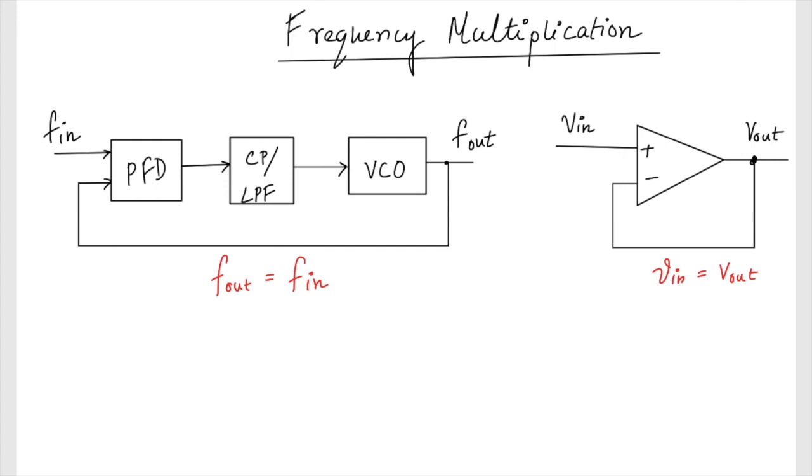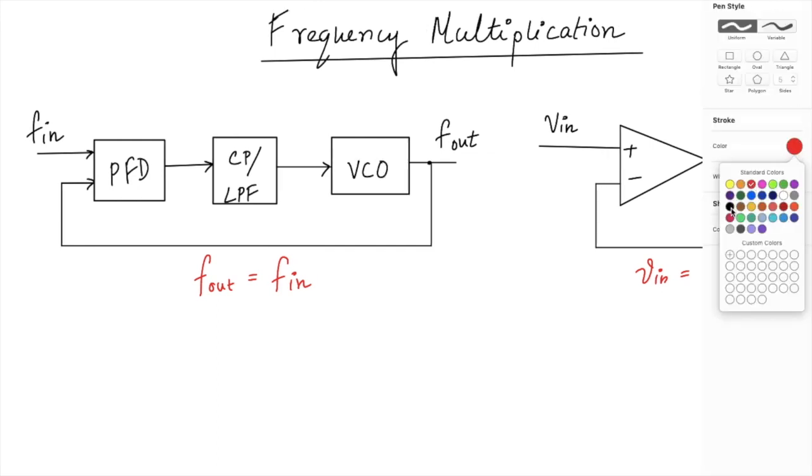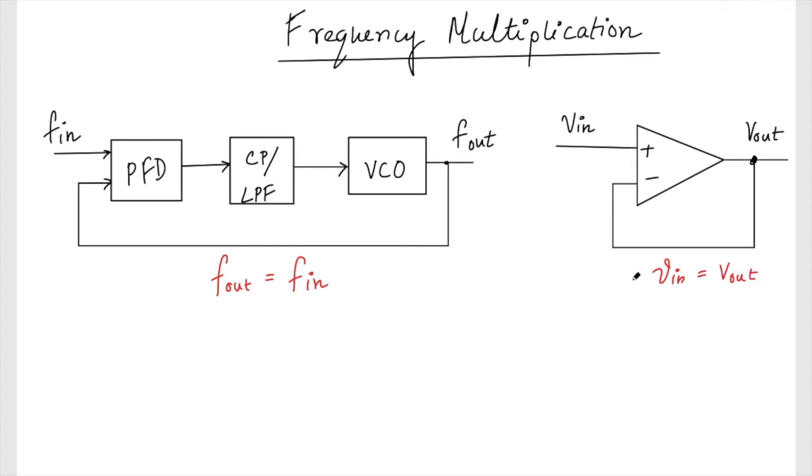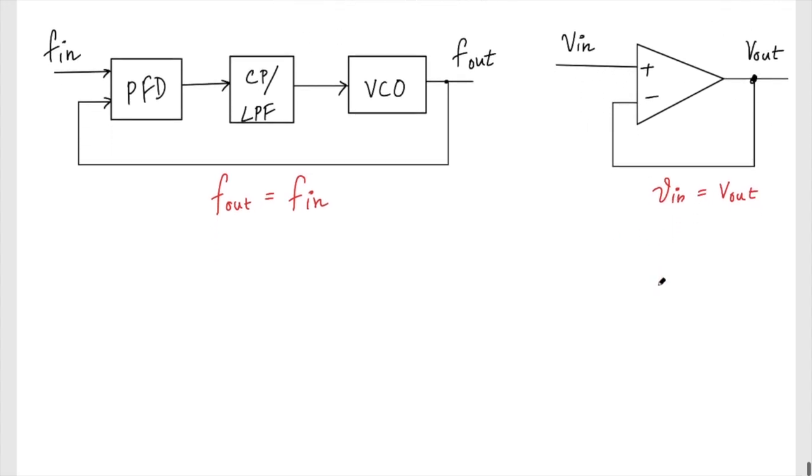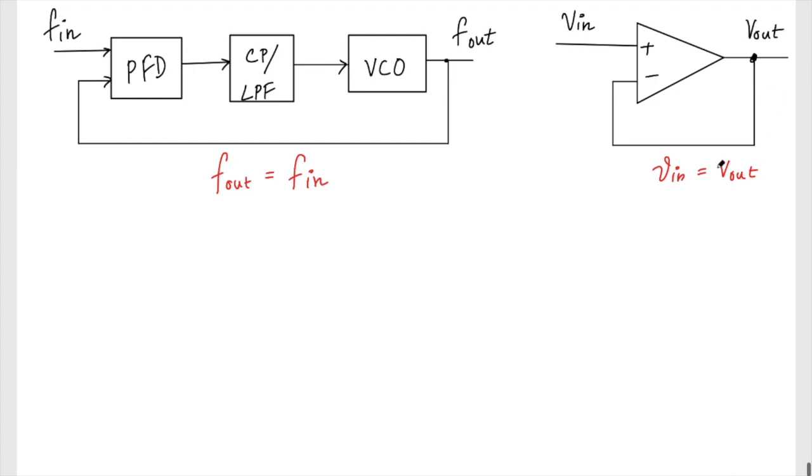In the voltage domain, if we want to get a multiplication, we add a division factor here, and that's how we get the voltage multiplication. For example, if I have this as my V in, we are going to add something like this.